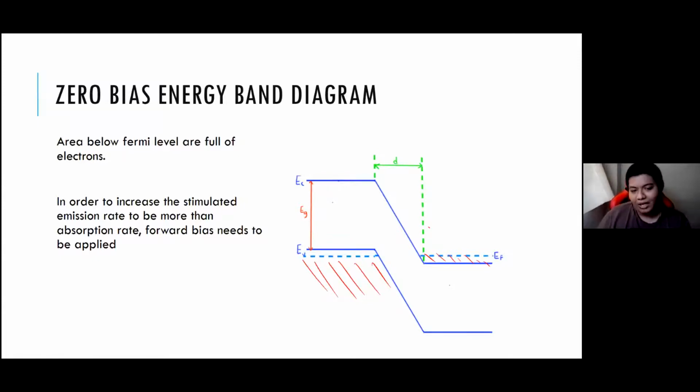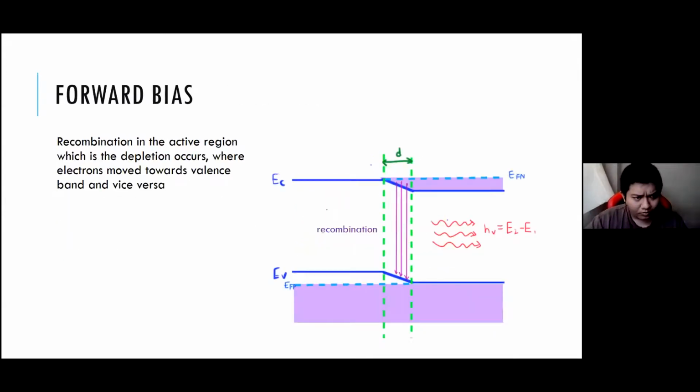What happens when we put a forward bias current is that the depletion region becomes smaller, and so it will look like this. The Fermi level is not at the same level anymore, since the depletion region becomes smaller.